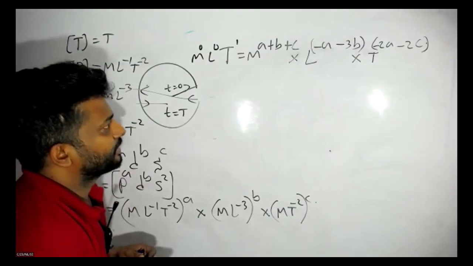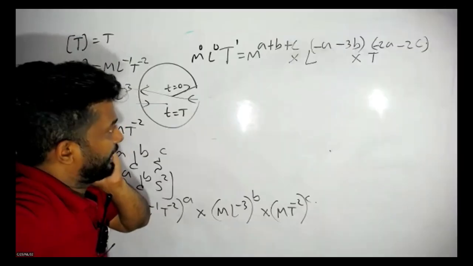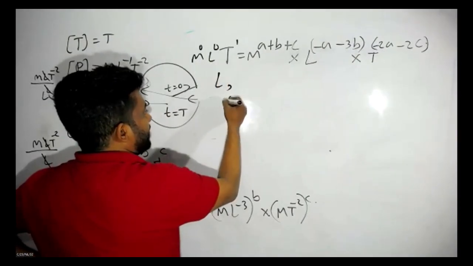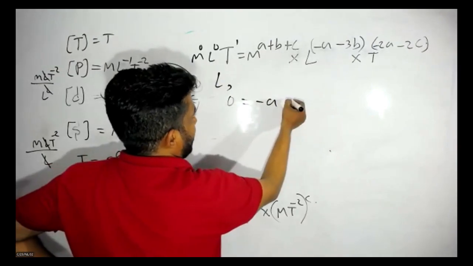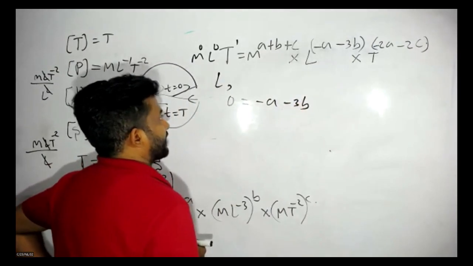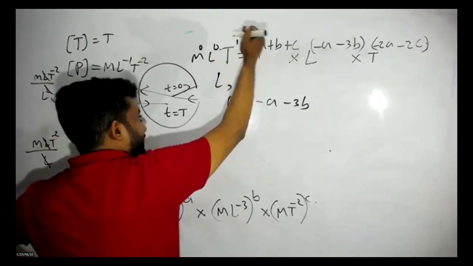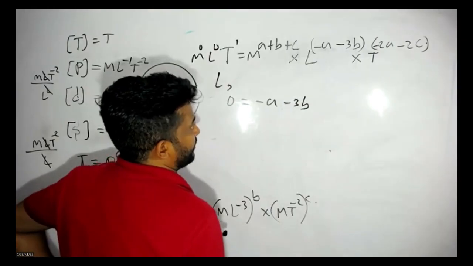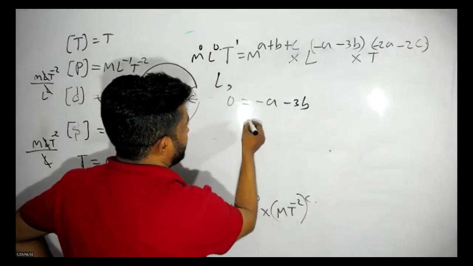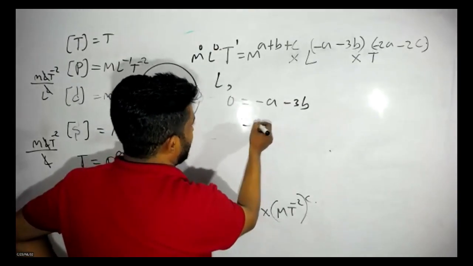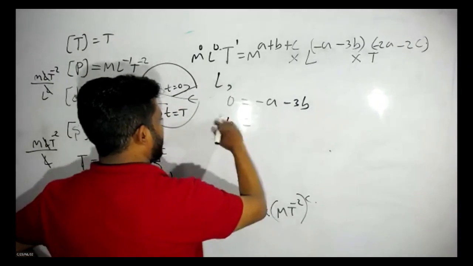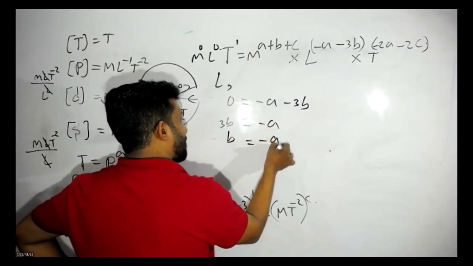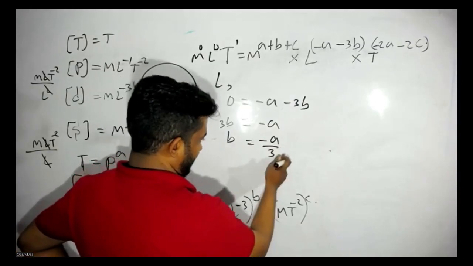Then you can write the equation by considering the dimensions of L. 0 equals minus A minus 3B, because the dimensions of L on the left is 0 and the right side should match. Bringing the term to the opposite side, 3B equals minus A, so B equals minus A divided by 3. This is the value of B.